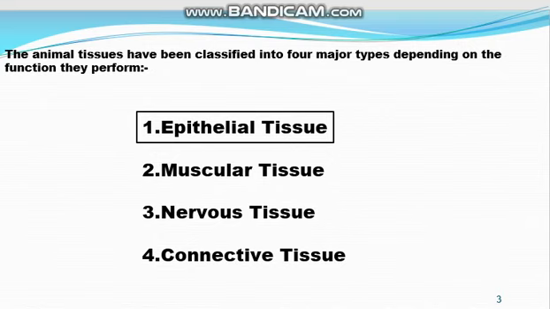Then the animal tissues, as I told you, are classified into four major types depending upon the function they perform in our body. They are the epithelial tissue, muscular tissue, nervous tissue and connective tissue. And in today's presentation, I will start with the epithelial tissue.